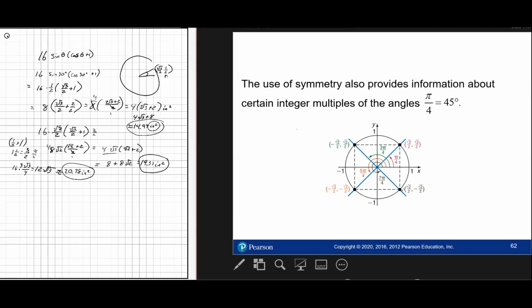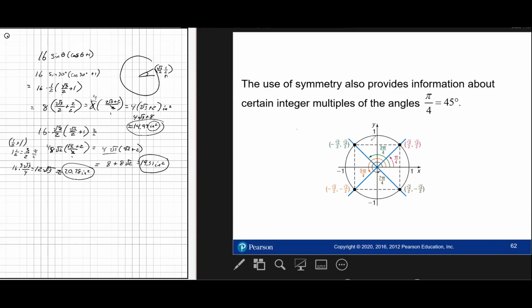If I'm looking between the fourth quadrant and the first quadrant, then that's symmetry with respect to the x-axis, which means we're changing the sign on the y. And same thing over here with these in the second and third quadrant.